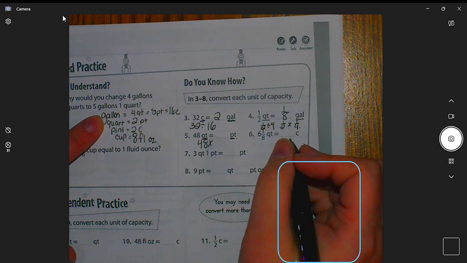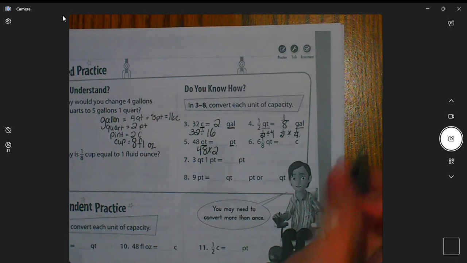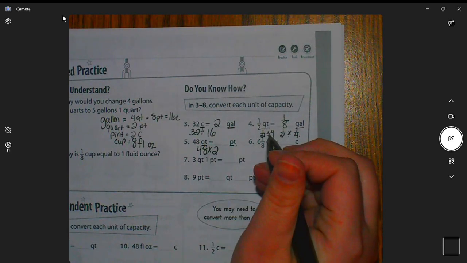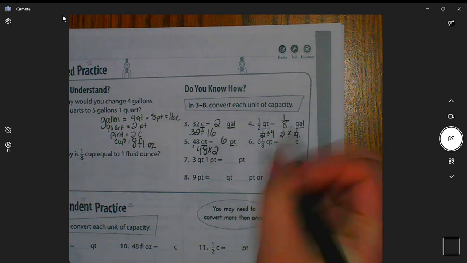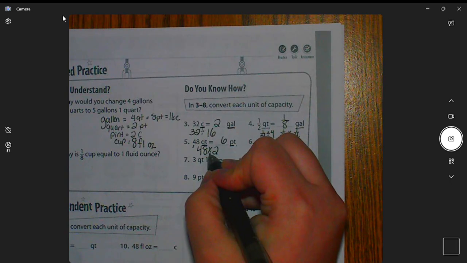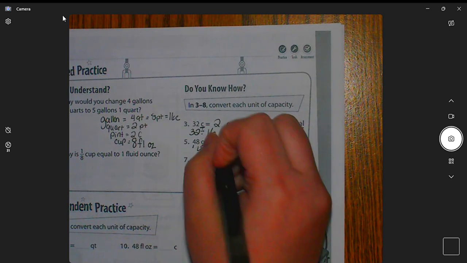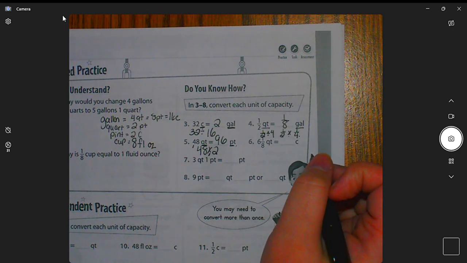Yeah, 2. So 2 times 8 is? Yeah, 16. Put the 6, carry the 1. 4 times 2? Yes, it's 9. 9 plus 1, or 8 plus 1, I'm sorry. You're right, it's 9. So 96 pints equals 48 quarts.